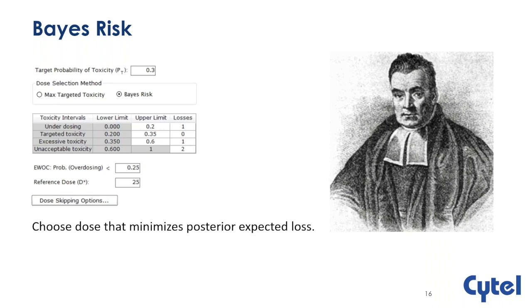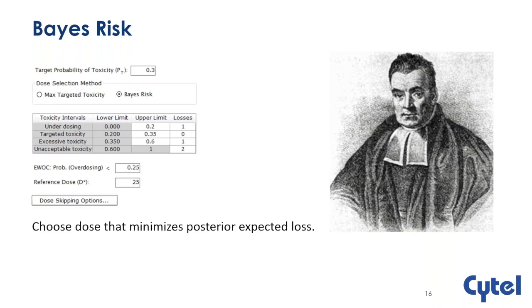Then the next cohort of subjects is going to be assigned to the dose level that either minimizes the posterior expected loss or the Bayes risk, therefore undertaking a pure Bayesian approach. Besides the likelihoods, which is formed from the logistic function, and the prior distribution, which is formed from this bivariate normal distribution, you also impose a loss structure depending on whether or not you fall into this targeted toxicity interval.